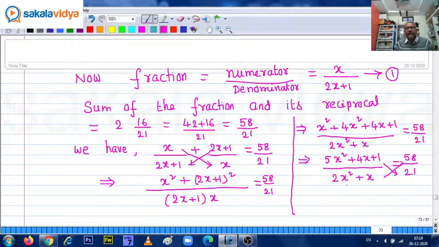If you cross multiply, you get 58 into 2, that is 116x square plus 58x, equals 21 into 5. How much will you get? 5 1 is 5, 105x square, plus 21 into 4, that is 84x, plus 21. Right.